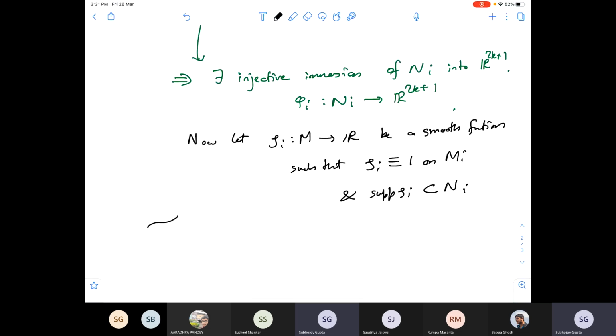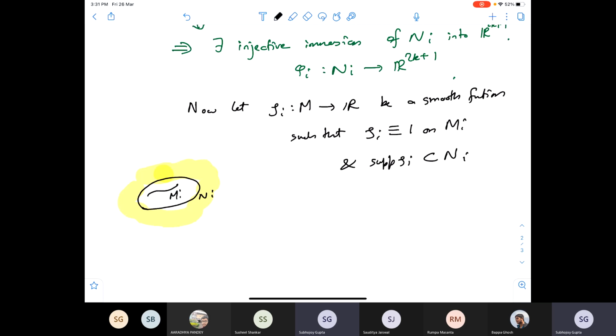So we have a compact set and a slightly larger open set containing it, and we can choose some smooth function which is 1 on mi and 0 outside. This you can easily do. You can use partition of unity if you like. Maybe it was one of the exercises you had last week, right?